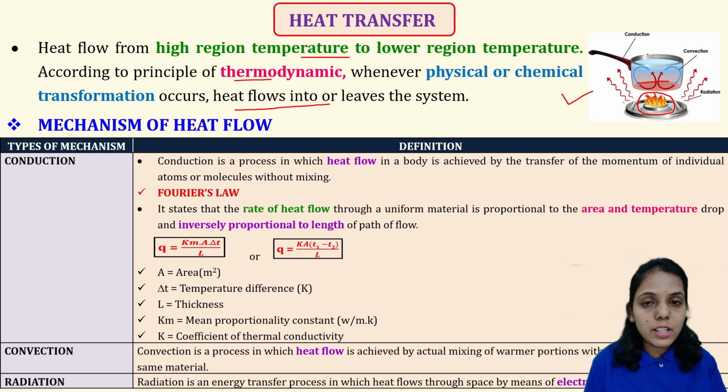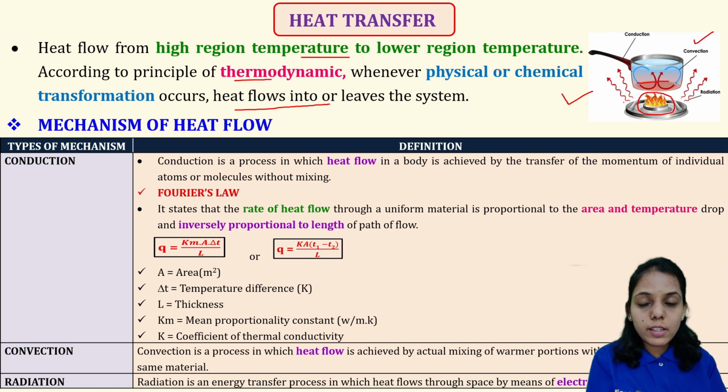So the heat will transfer from a higher temperature to the lower temperature. The transfer of heat within the liquid is known as convection. And if it is transferring through this container, it is known as conduction. So these are the three mechanisms in which the heat transfer is involved from higher temperature to lower temperature.